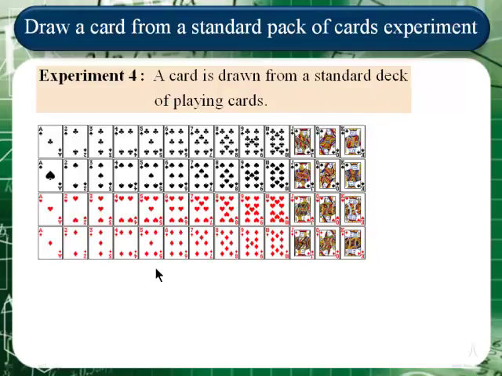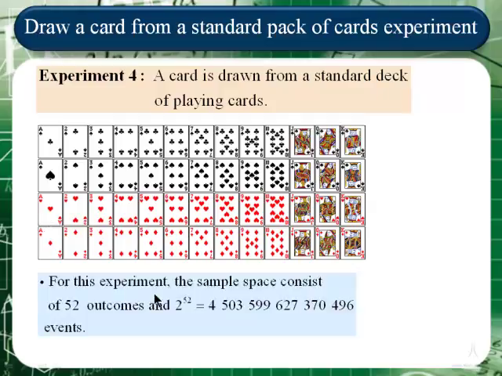Those of you that don't know playing cards, we have 13 clubs, 13 spades, 13 hearts, and 13 diamonds. So for this experiment, the sample space consists of 52 outcomes because there's 52 different cards.